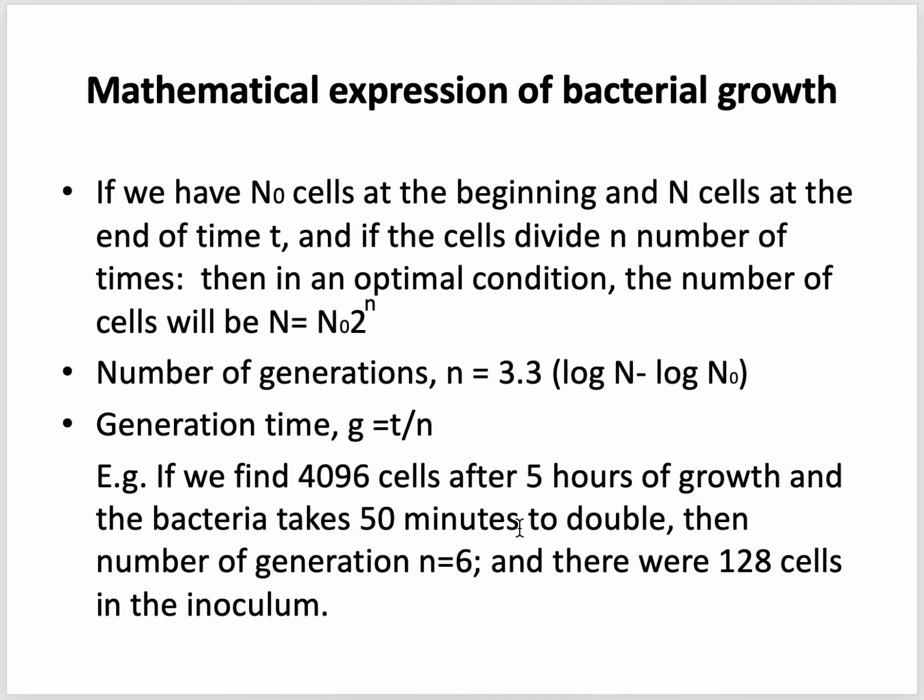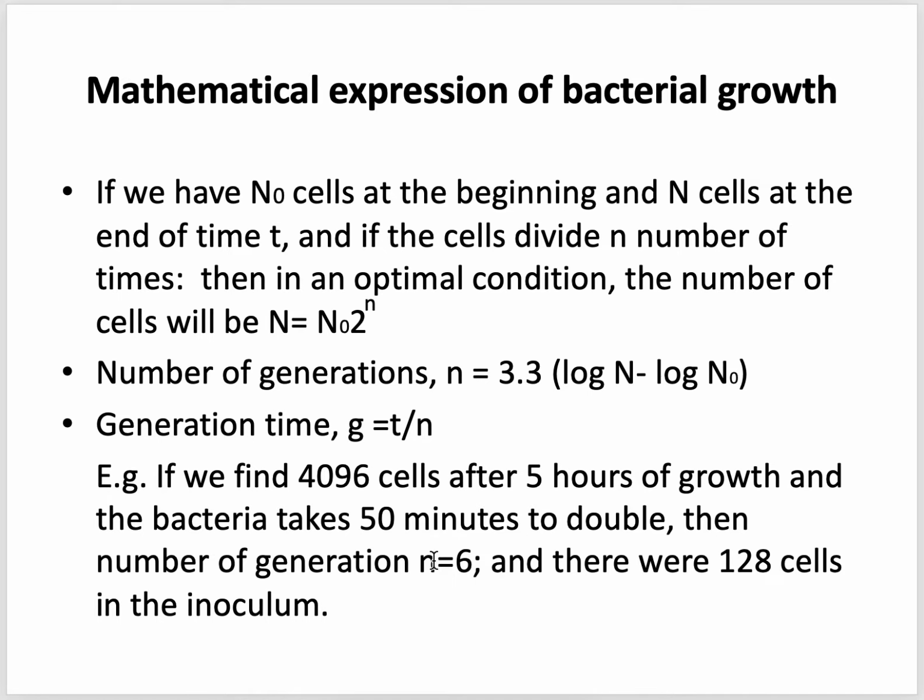In this scenario, the number of generations n equals 6, and we can say there were 128 cells in the inoculum, that is, the initial number of cells was 128.